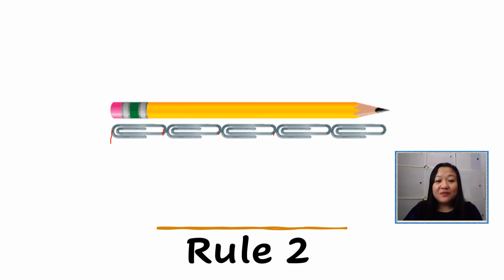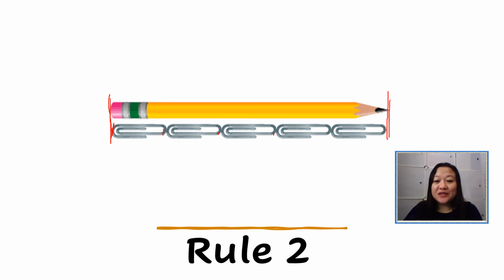And now, we measure it from end to end. Okay? So, we started over here and we ended up at the very tip of the pencil. So, that is measuring from end to end.